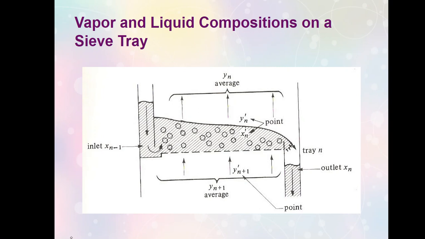So in terms of representation, this is it. This is your y sub n. You take the average of the vapors here that go up. Your y sub n prime is based on a specific point. This is the point. And your y sub n plus 1 is for the average of the vapors that are still about to enter tray n.